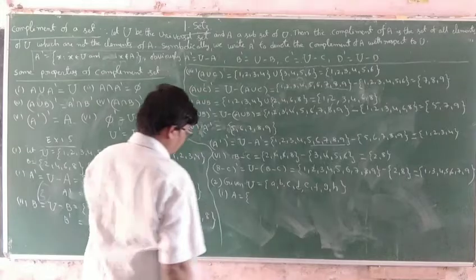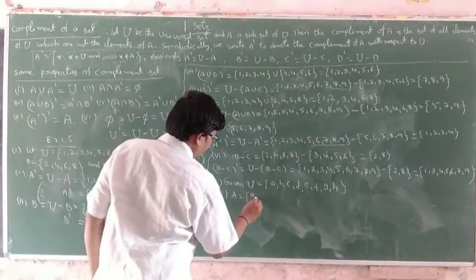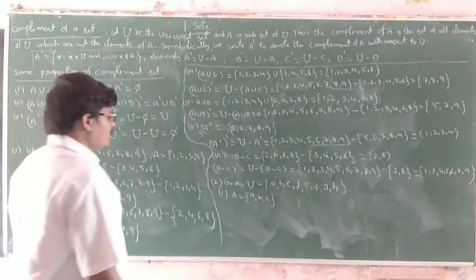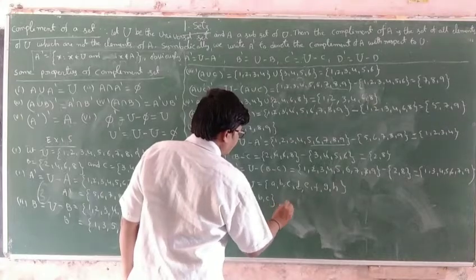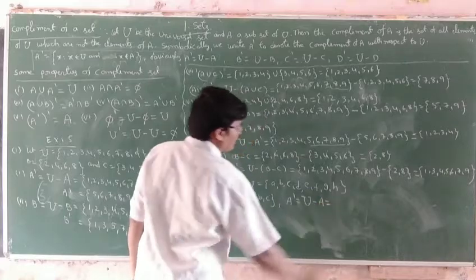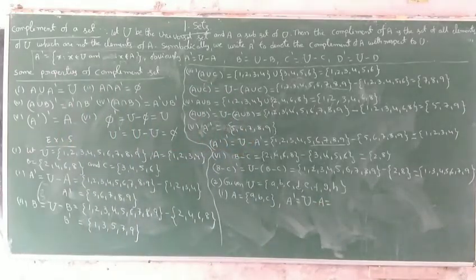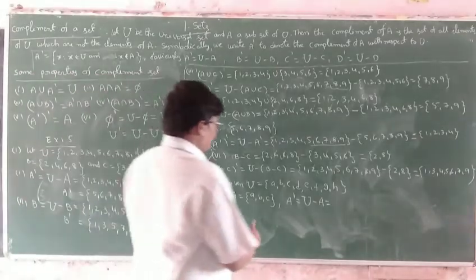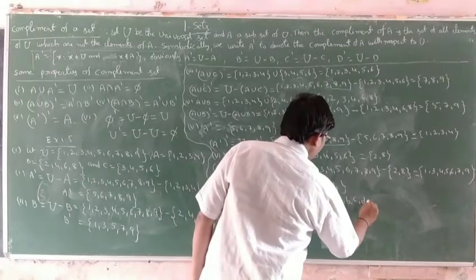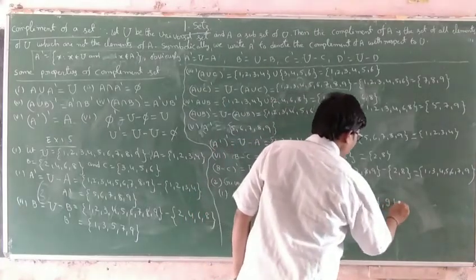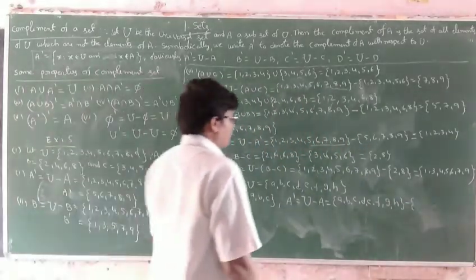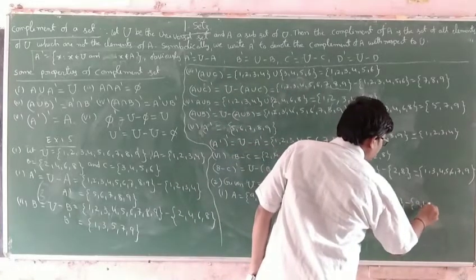A is equal to {A, B, C}. A complement is equal to universal minus A. Universal is {A, B, C, D, E, F, G, H} minus A, where A is {A, B, C}.